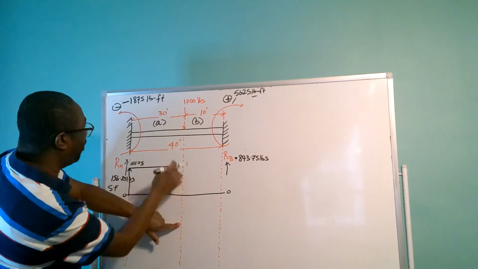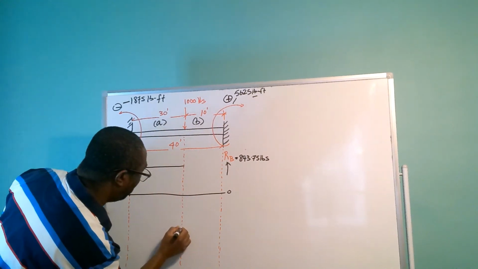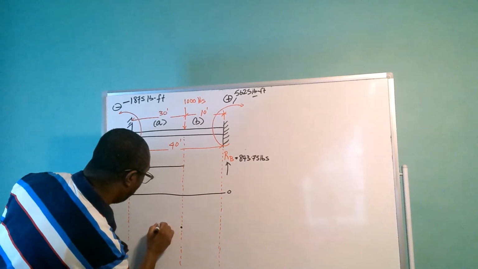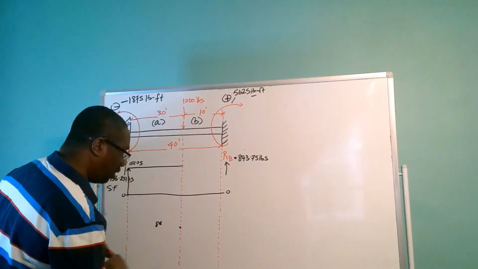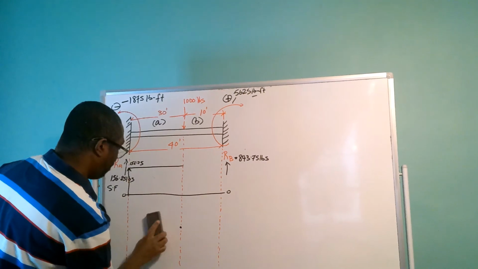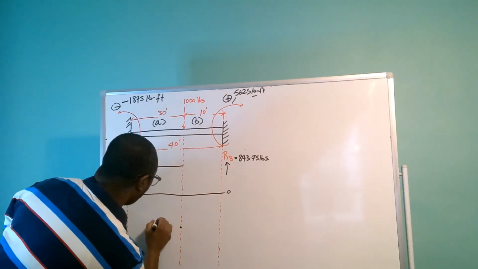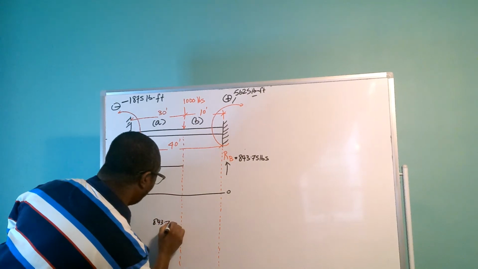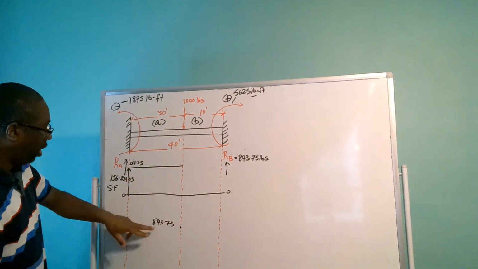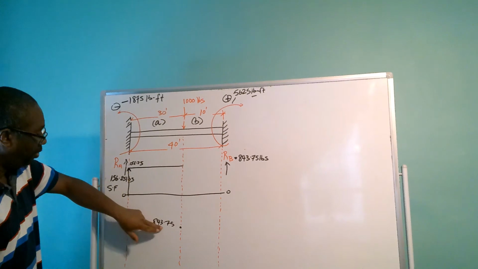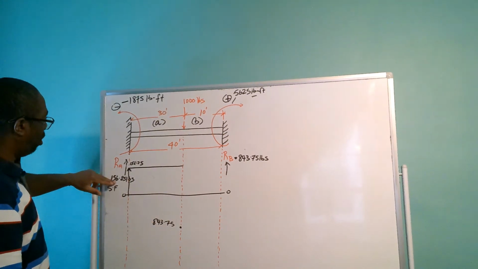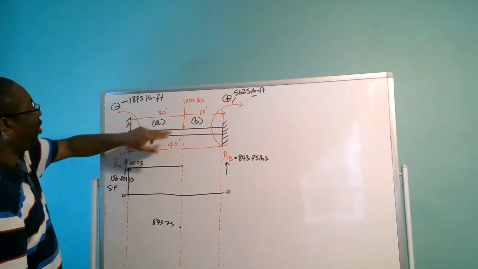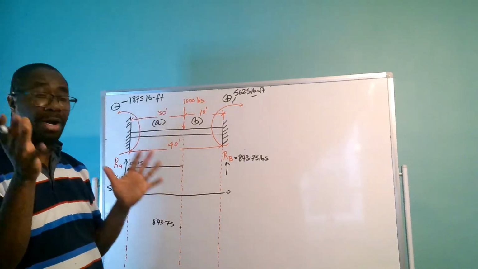So imagine 843 is going to come here, 843.75. I notice 843.75 plus 156.25, we get back our 1,000 pounds.